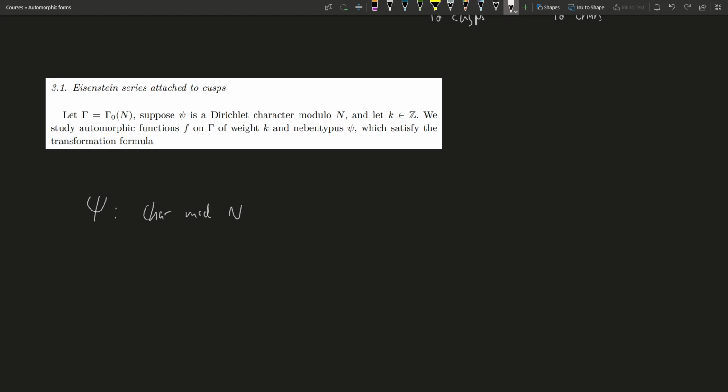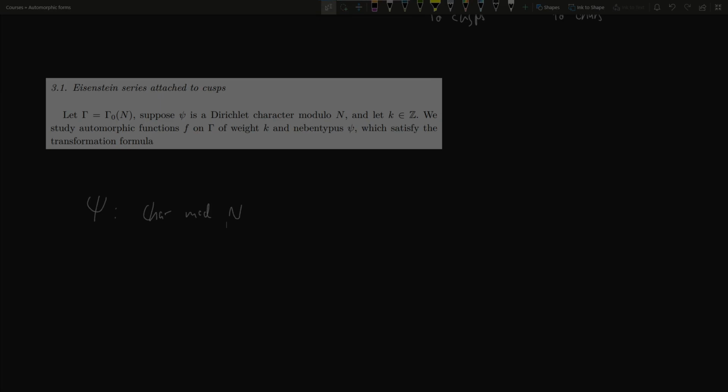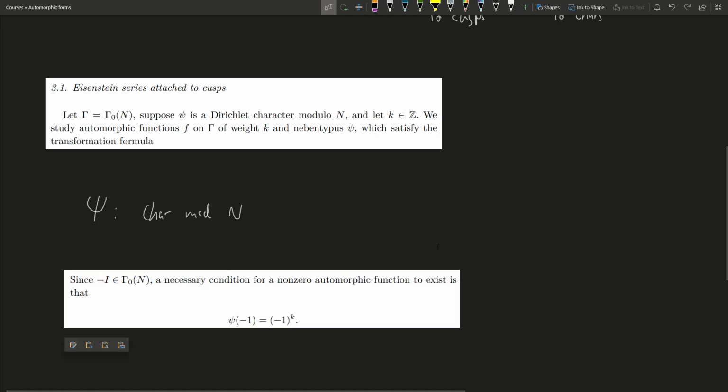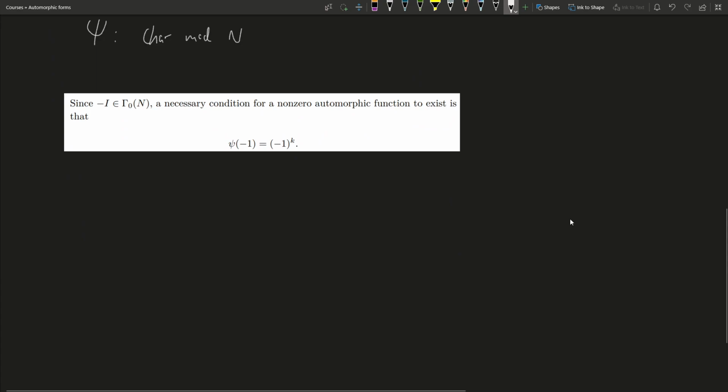And the other thing that I want to highlight from this same section is the following blurb. So here, Young is explicitly saying that minus the identity is in your group gamma naught n, and therefore blah, blah, blah.